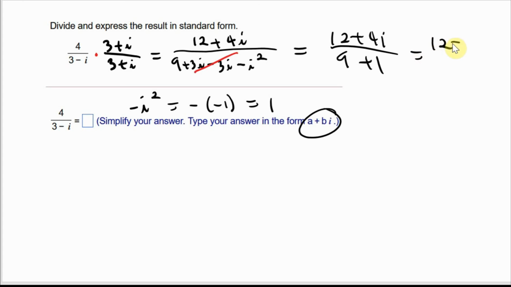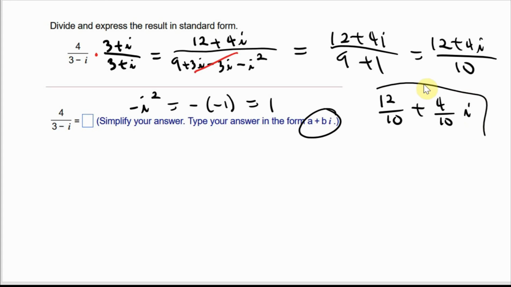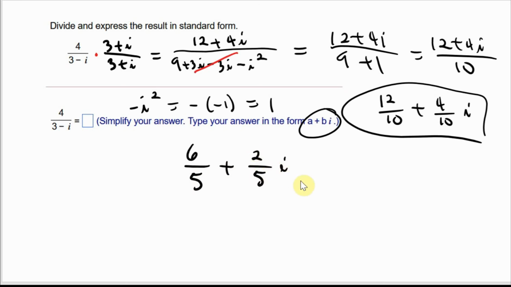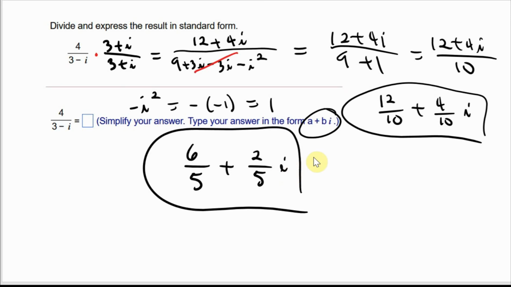So this is 12 plus 4i all over 10. Simplify that. That's 12 over 10 plus 4 over 10 times i. Let's take it one more step. Reduce. We're going to reduce that to lowest terms. So the 12 tenths is the same thing as 6/5 plus the 4/10 is the same thing as 2/5 times i. Now that's written in the standard form.